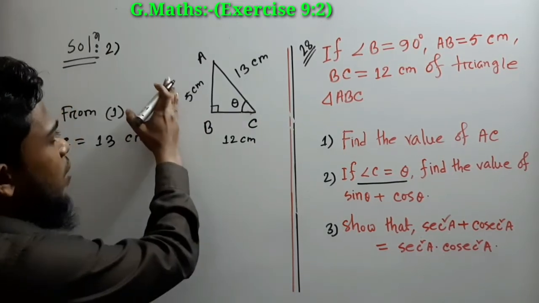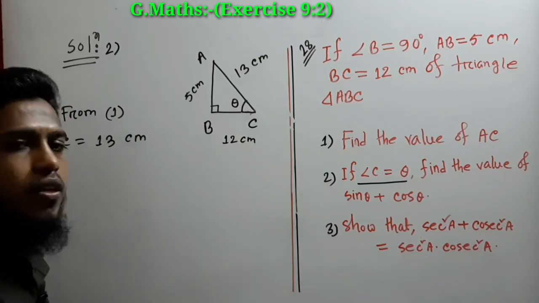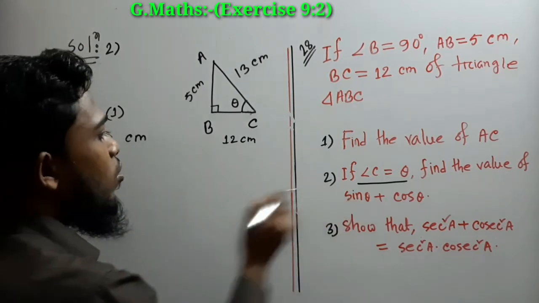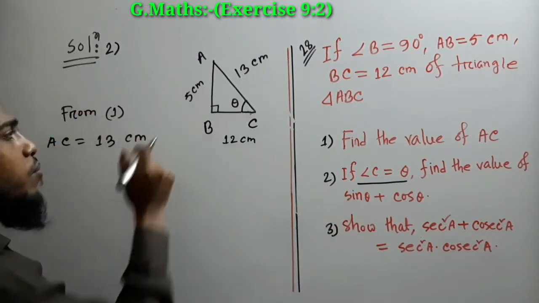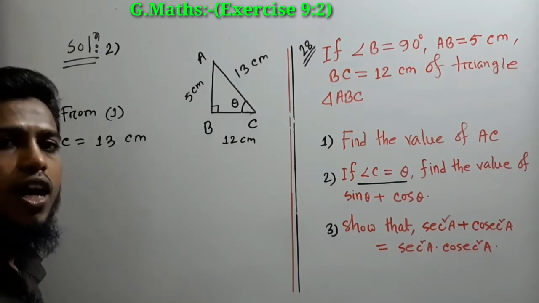So AB will be the opposite side and BC will be the base. We know that sin theta equals opposite side by hypotenuse and cos theta equals base by hypotenuse.